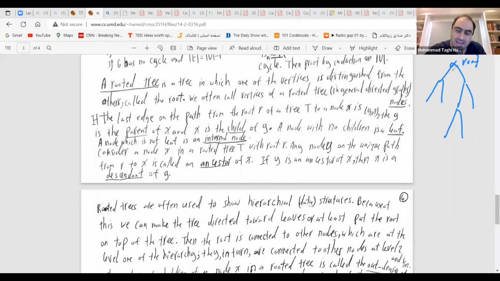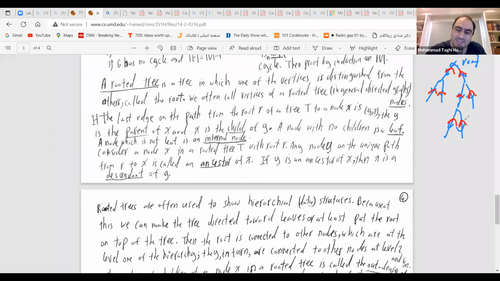And here, we can have a directed tree or rooted tree. All edges can be going out of the root, or it might be the reverse. In this case, this is a single source. This is a source for everything, and it can be a single sink, where everyone comes back to this.